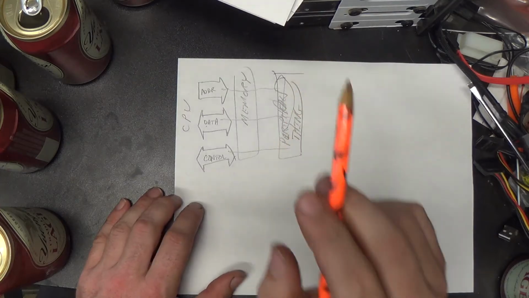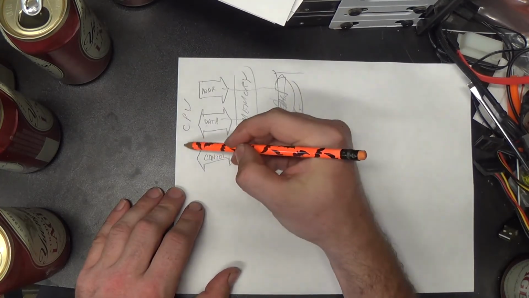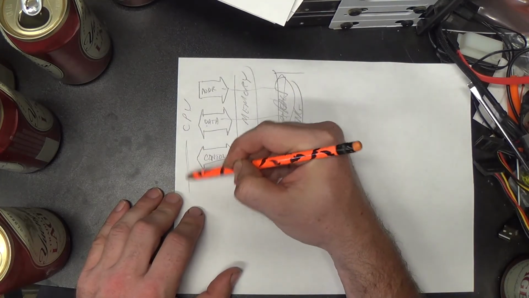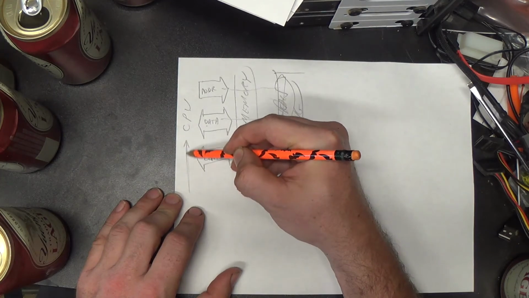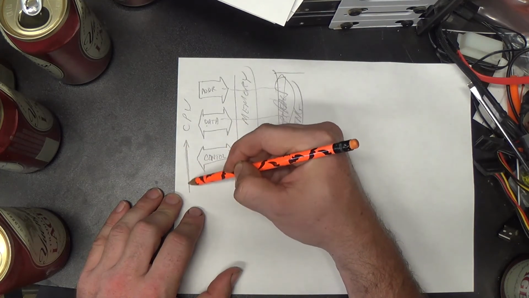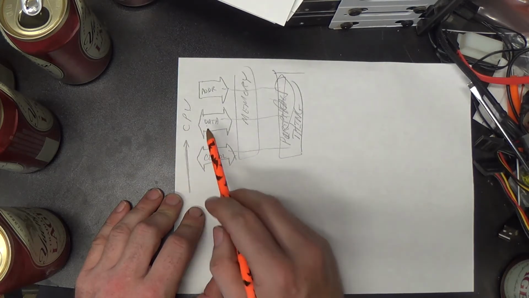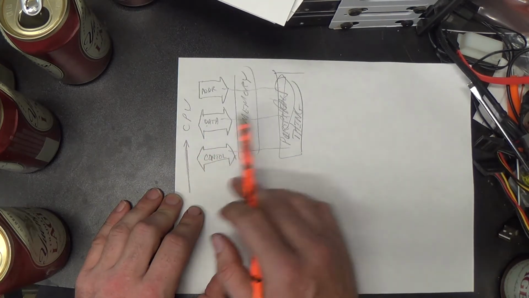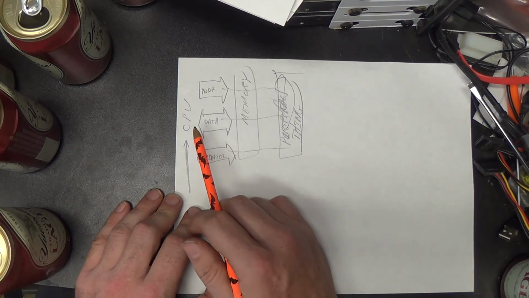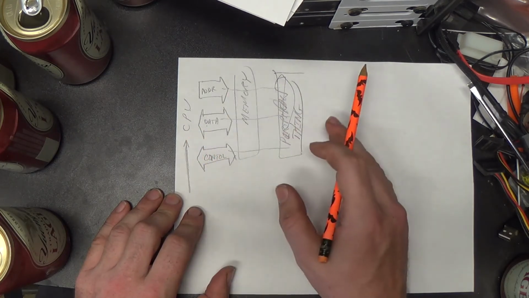But in all of these cases, the CPU was the arbiter of the bus. Alright? The CPU is the big cheese that decides when everything else can be the bus master. And this is how it works on single CPU systems.